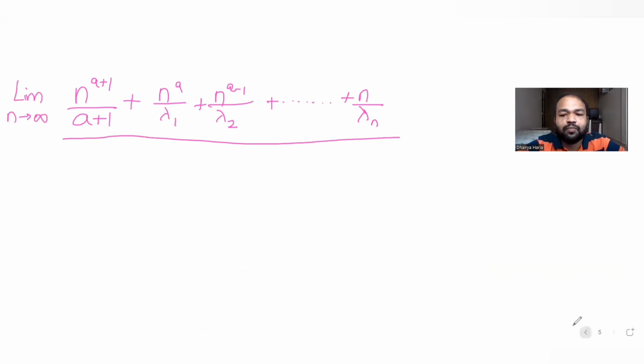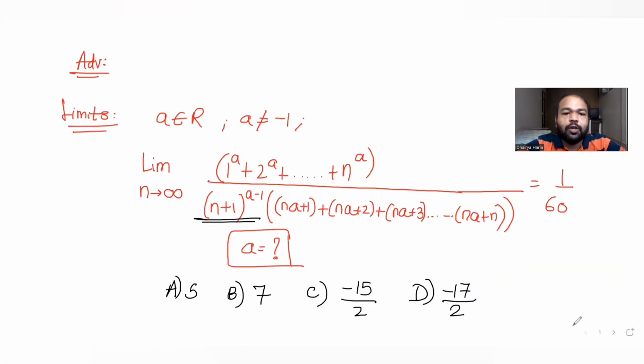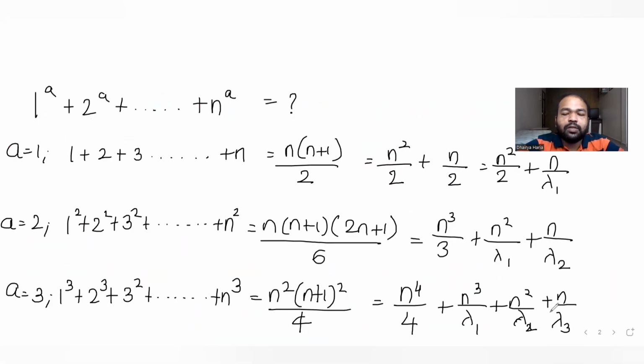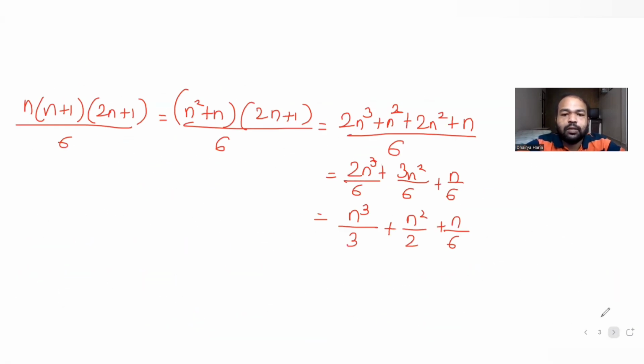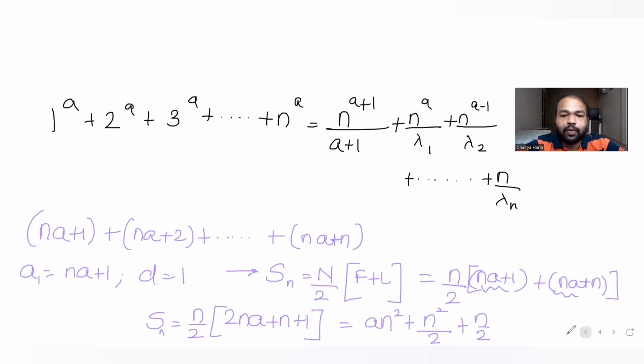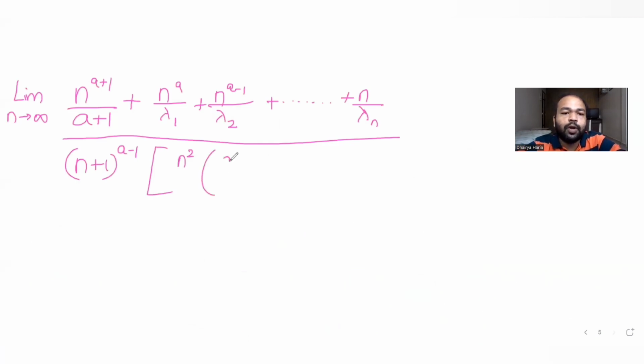And here we have in the denominator n plus 1 raised to a minus 1, and the sum which is given to us becomes basically n square. If I take n square common here, I get a plus half plus 1 upon 2n. So this is the entire thing.